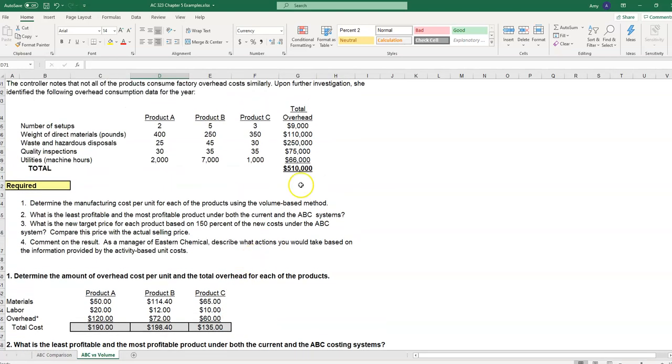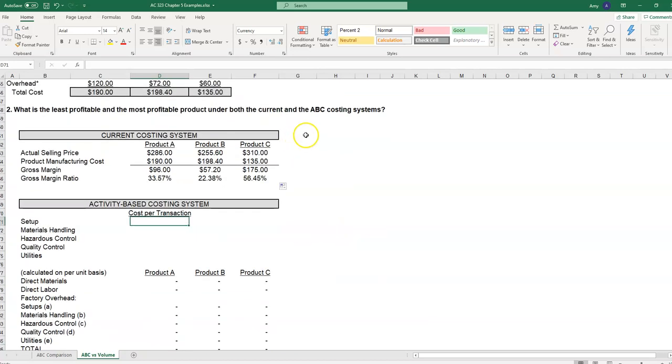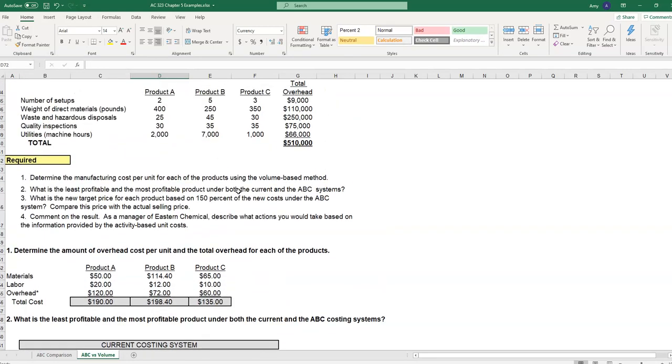So for setup, we're going to take our total costs divided by the total sum of setups. So if we have a $9,000 cost and 10 total setups, we will take 9,000 divided by 10. For materials handling, we're going to add 400 plus 250 plus 350.